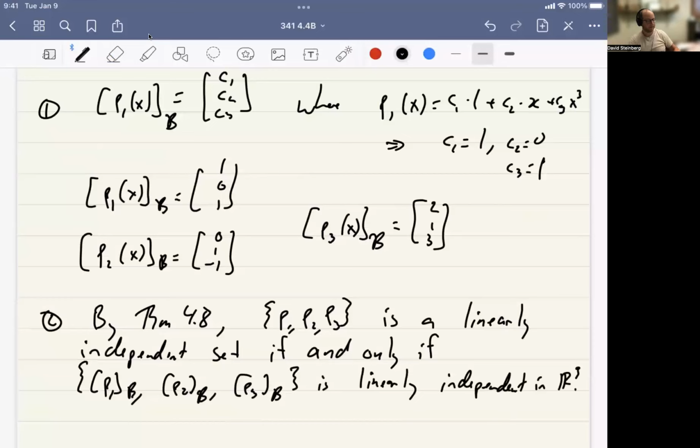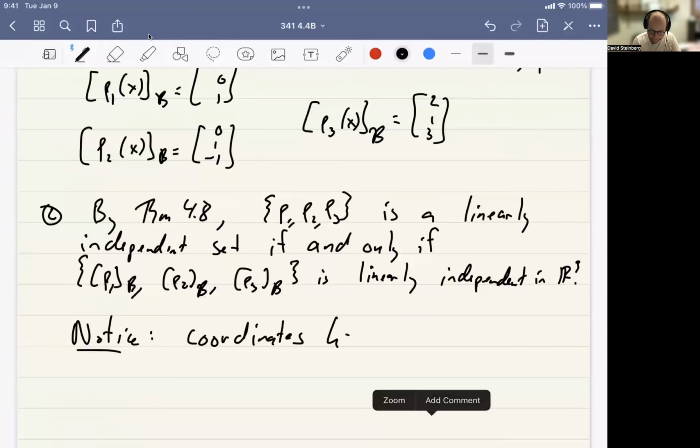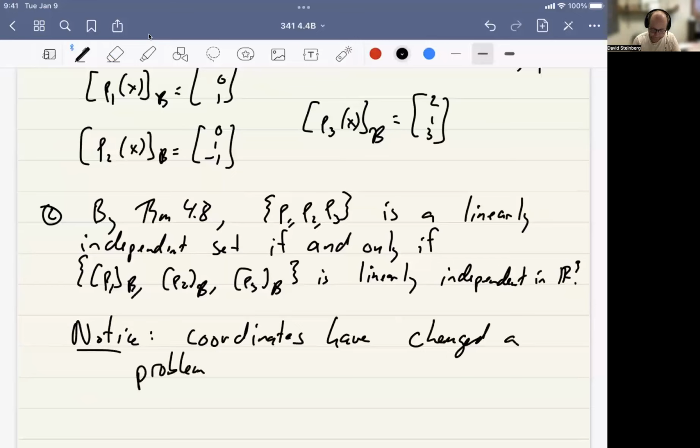Okay, and we know how to tell if vectors in R3 are linearly dependent. But notice these coordinates have changed the problem from an abstract vector space P2 into a problem in R3.